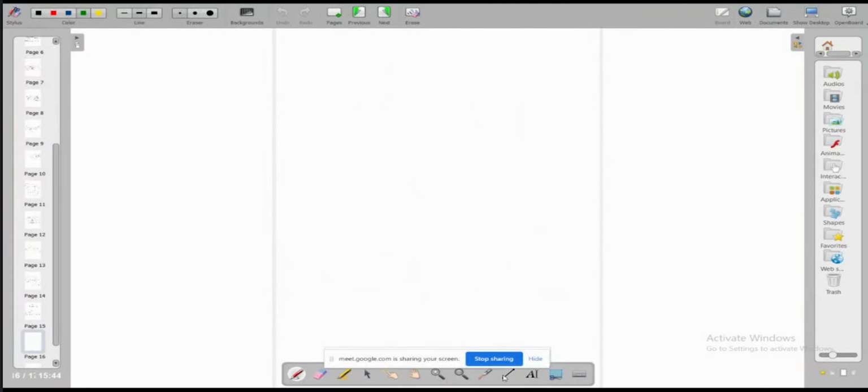You will write the command okay, you will write the command as you know.